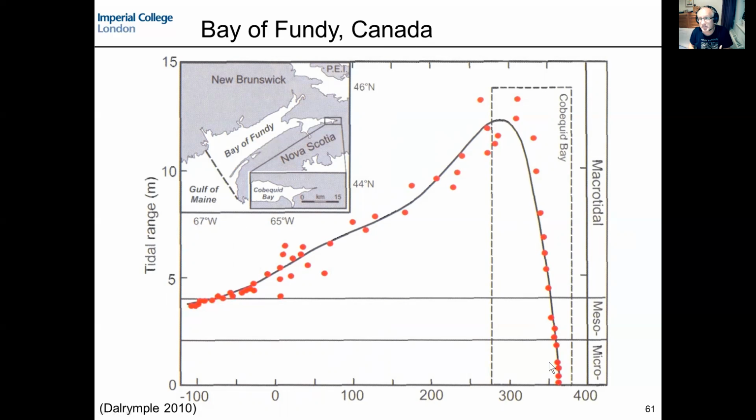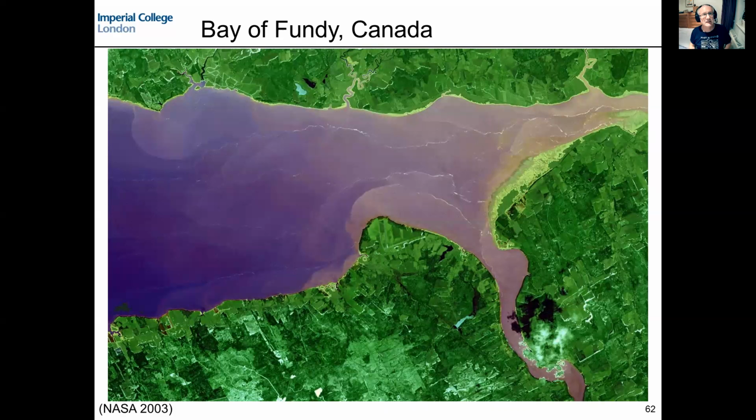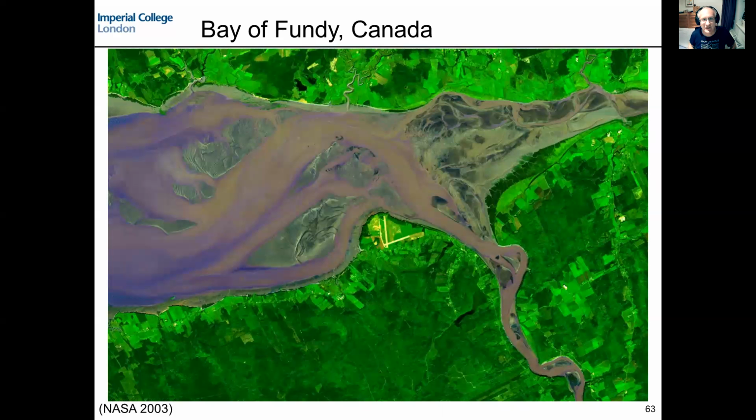The tidal wave gets dissipated by friction in very shallow water. But here the tidal range can exceed 12 meters. Let me show you a picture of that. So here is part of the Bay of Fundy at high tide, fully underwater. Here at low tide, fully exposed. And here the tidal range is about 12 meters. So really quite pronounced.